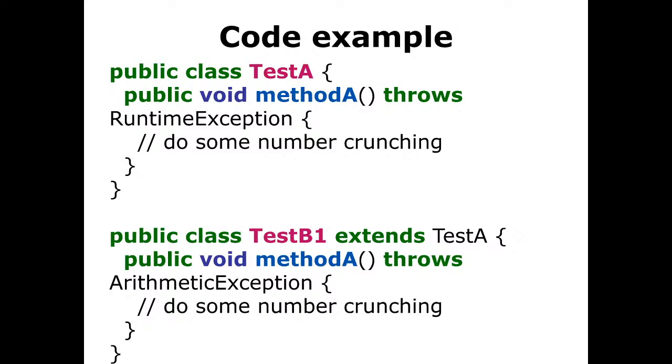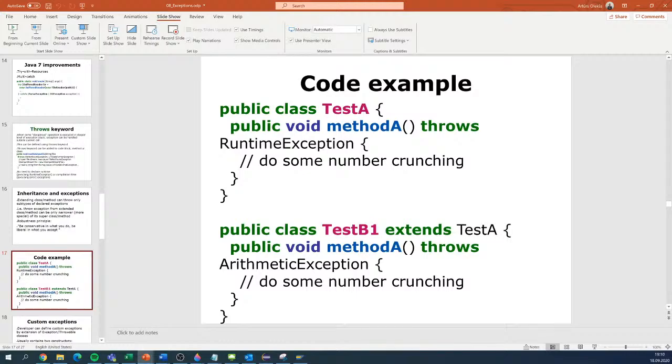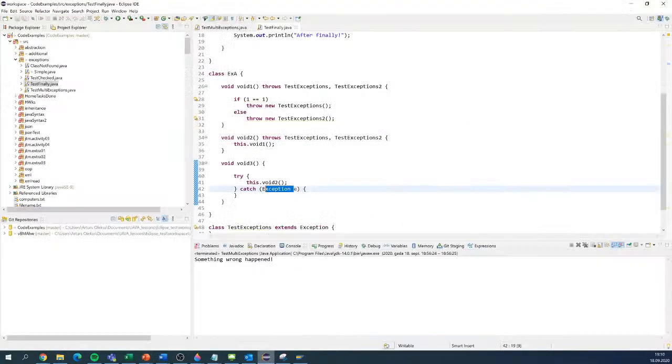You have one class, then you have another class which extends class A, and it throws ArithmeticException. Maybe let's show it here.